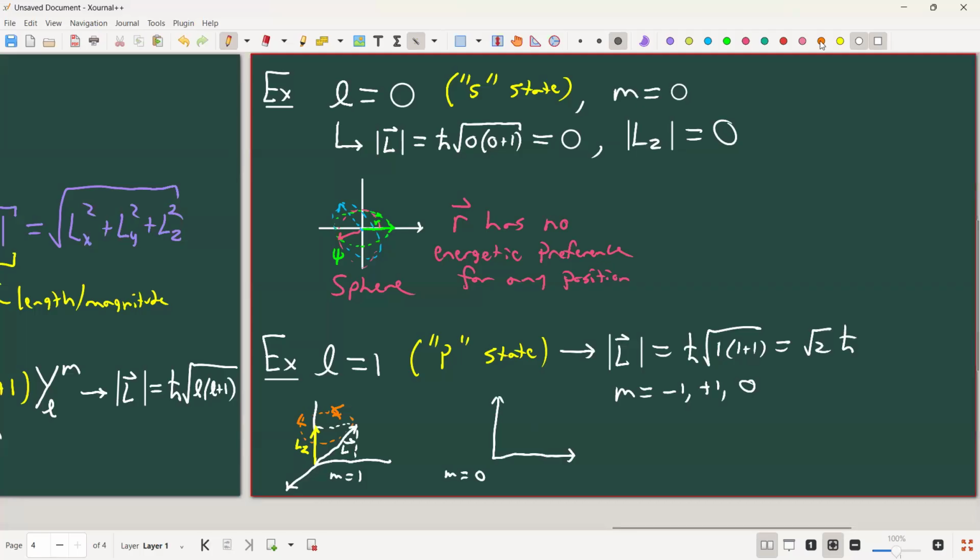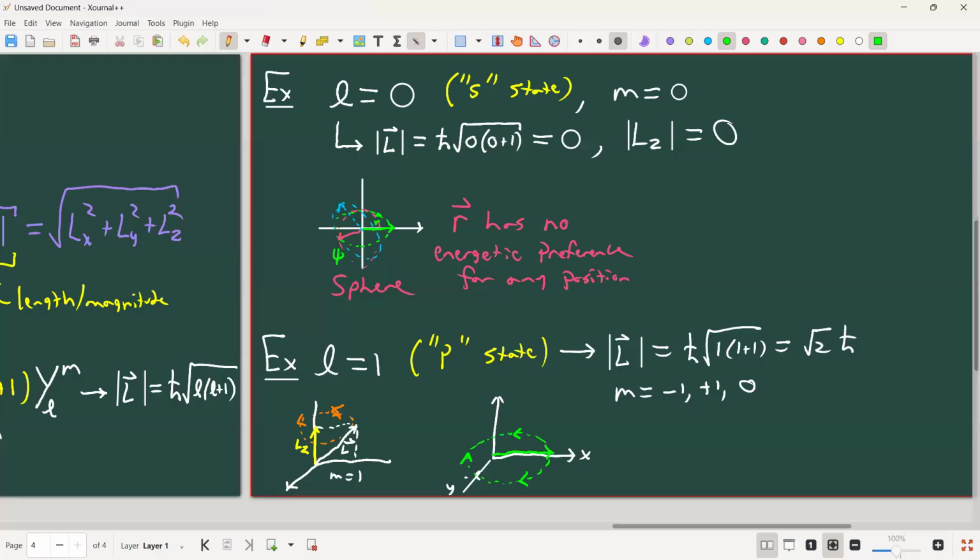That has no component on the z-axis. So that means that the angular momentum component, let me erase this, is directly on the xy plane. So it draws a little circle in the xy plane, and it's orbiting in this direction.